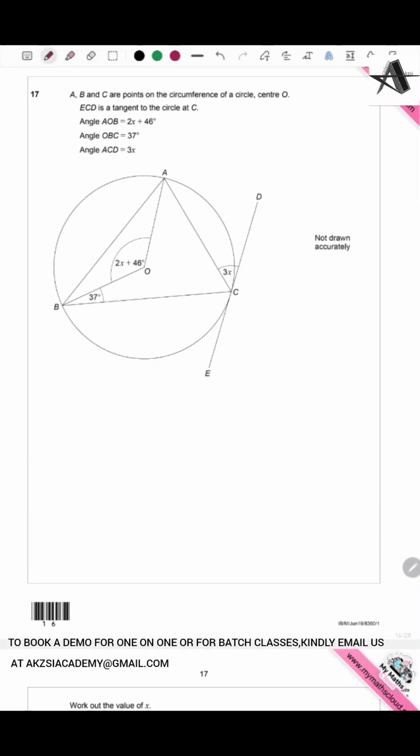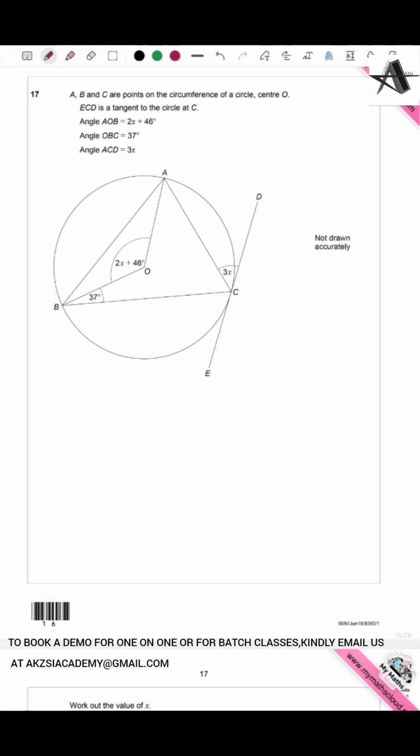So first thing is, at least I should know some relationship between the angles and then I can solve it. But we have a triangle, so I can use the triangle sum property. That means the sum of all the angles is equal to 180 degrees. For that, I should know all the angles of this triangle.